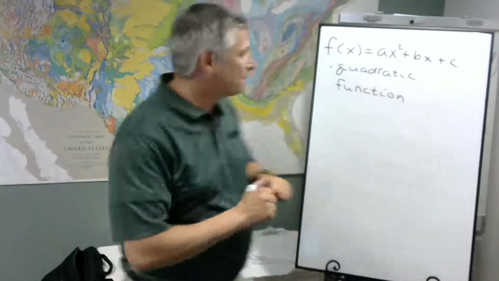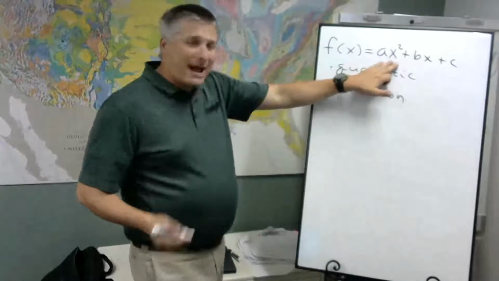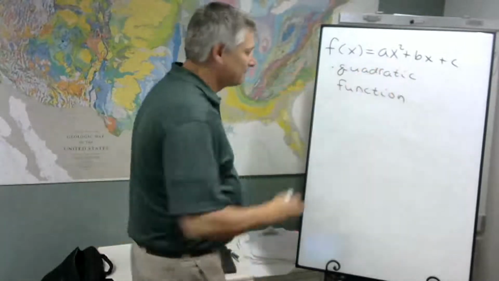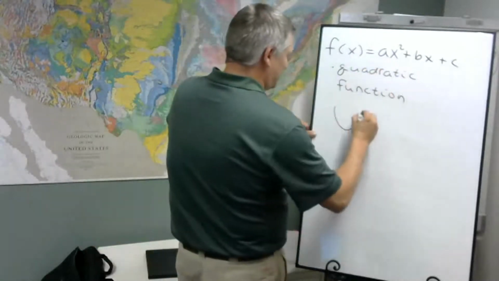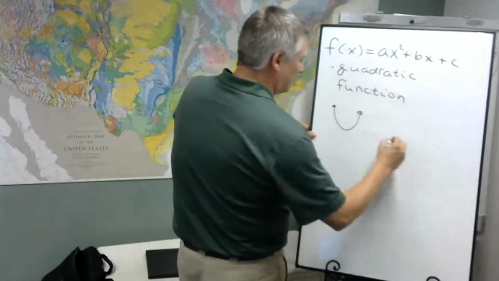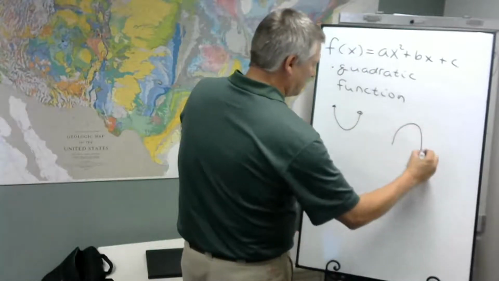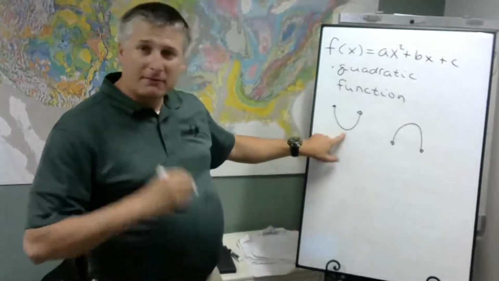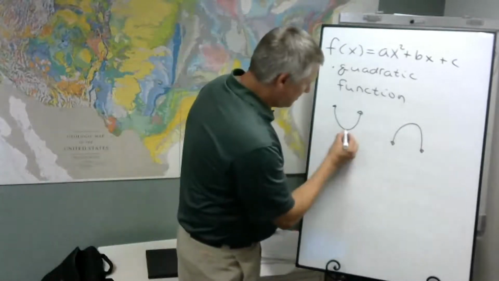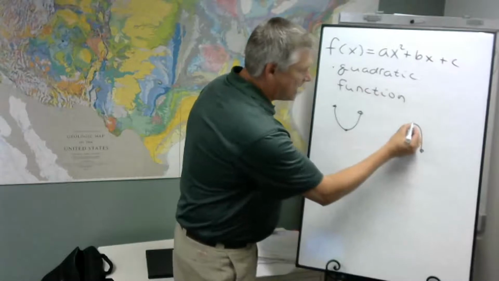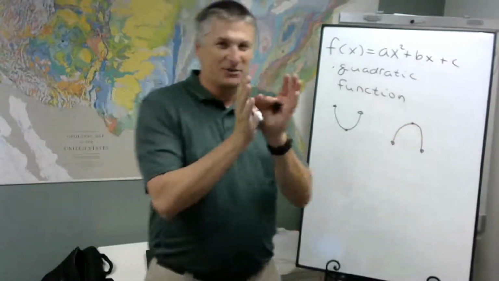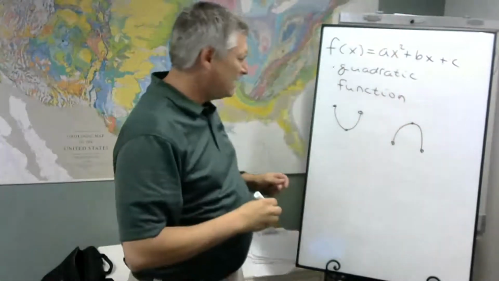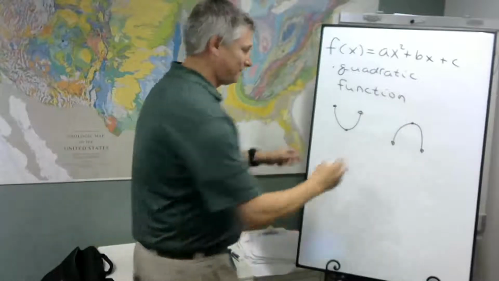And the reason is this. When we graph functions of this type, you'll get either this or you'll get something like that. So the graph of this function, this lowest point and this highest point, where the function kind of sprouts out, that's called a vertex.